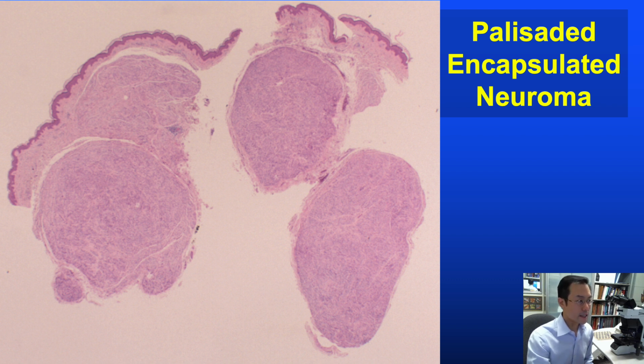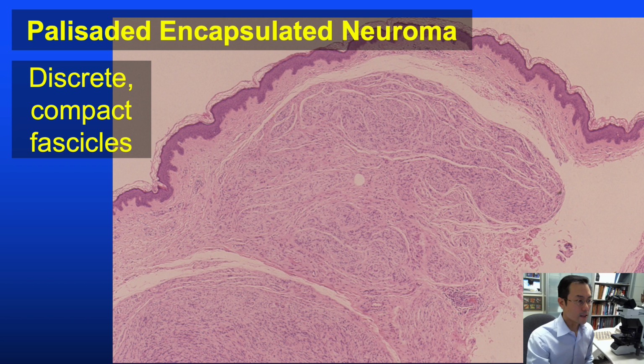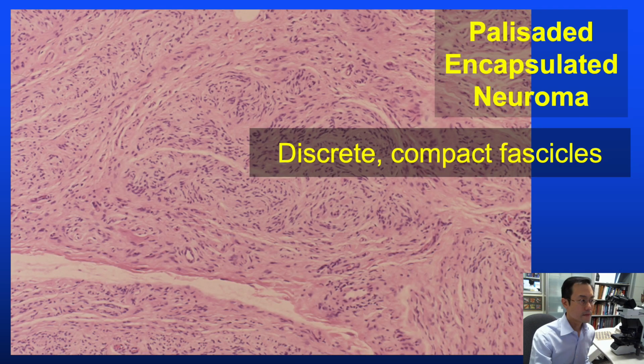Any other clinical setting, you probably should seriously consider a differential diagnosis of Schwannoma. Again, we see discrete compact fascicles close to the epidermal surface. Despite the original name, palisaded arrangements of spindle cells are typically not present or prominent in PEN. It's the Schwannoma that is the palisading champion.